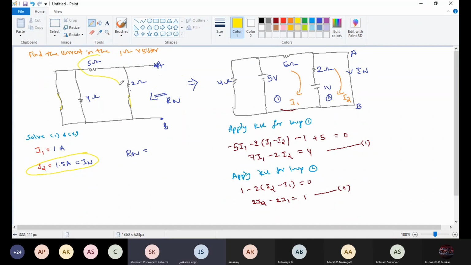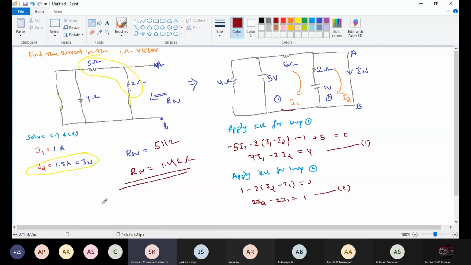We need to consider only 5 and 2 in parallel, whenever we are seeing from terminal A and B, because this is short circuited. Now Rn will become 5 in parallel with 2. So Rn will be 1.42 ohm.